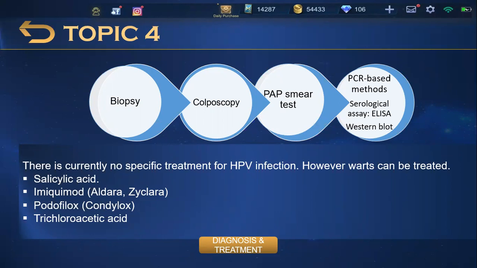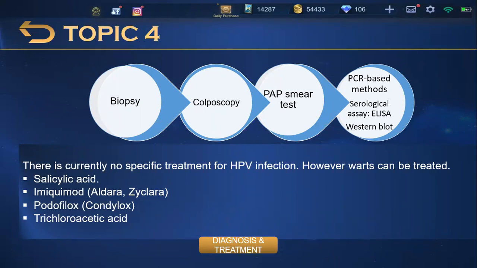For treatment, there is currently no specific treatment for HPV infection. However, warts can be treated. First, salicylic acid: over-the-counter treatments that contain salicylic acid work by removing layers of the warts a little at a time.